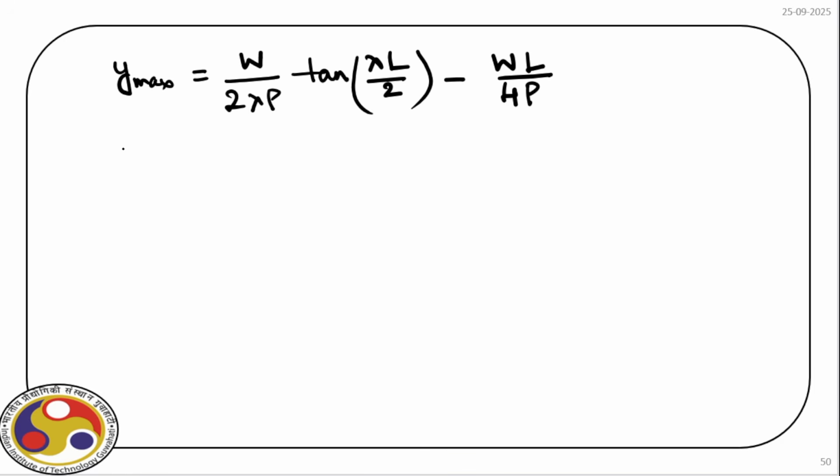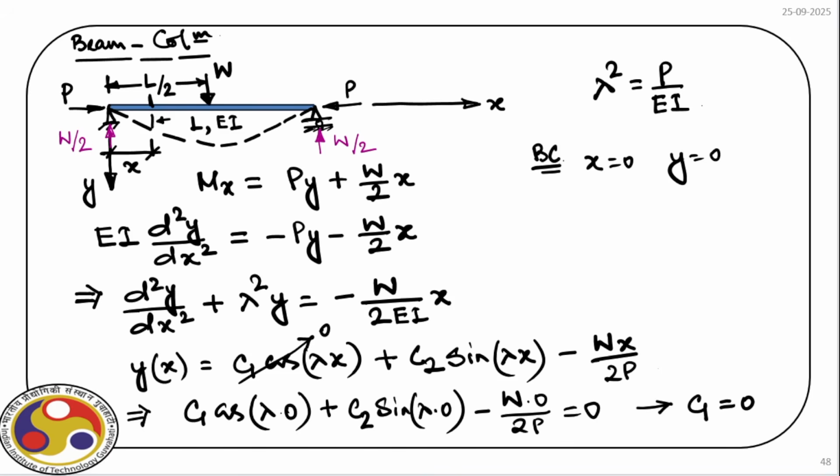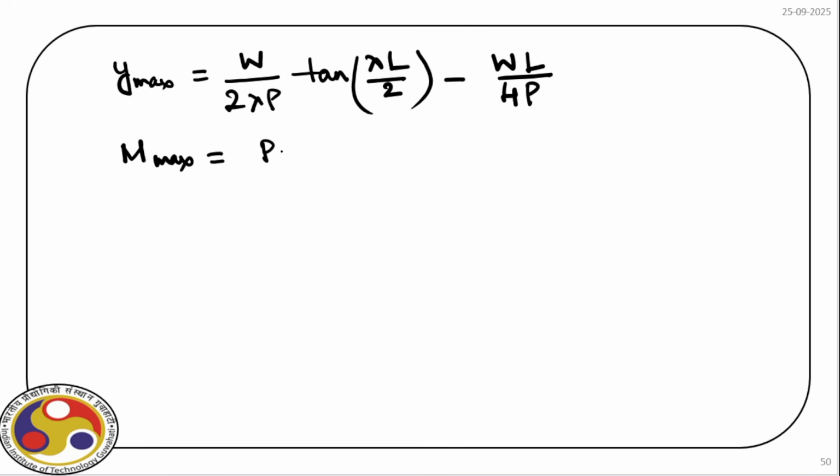Okay, so we can also find out maximum moment, M max. For that, if we go back to the equation here, the maximum moment is at the middle. So we have P times Y max plus W by 2 times X, which is equal to L by 2, right? So M max is equal to P times Y max plus WL by 4.